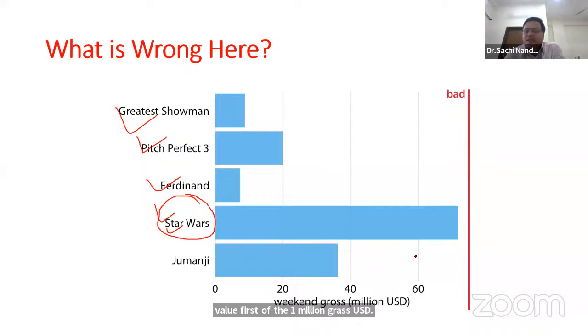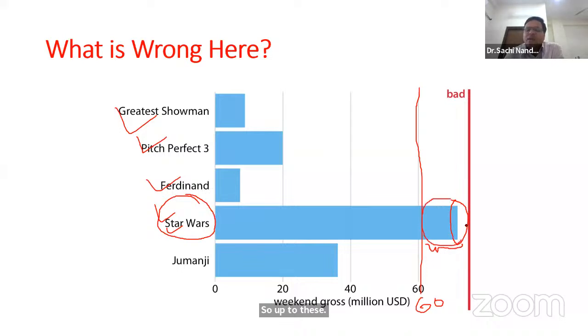You see, my last boundary is 60 million USD. But what is the meaning of this one? Up to this I have no data. Up to this, I can predict less than 60. Up to this, I can put less than 40. This may be less than 10. This may be greater than 10 or less than 20.